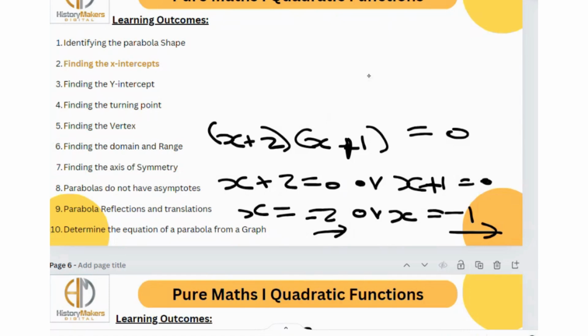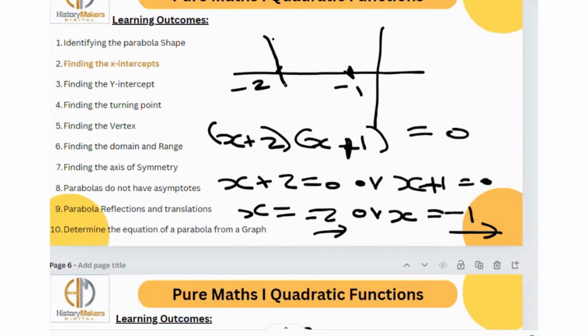If we represent it on our graph, then we know that our graph will look something like this, where we know for sure that this value and this value are definitely going to be minus 2 and minus 1. But if you look at the Cartesian plane, all the minuses are on this side, which therefore means that in our graph, you'll have the values appearing on the minus side.